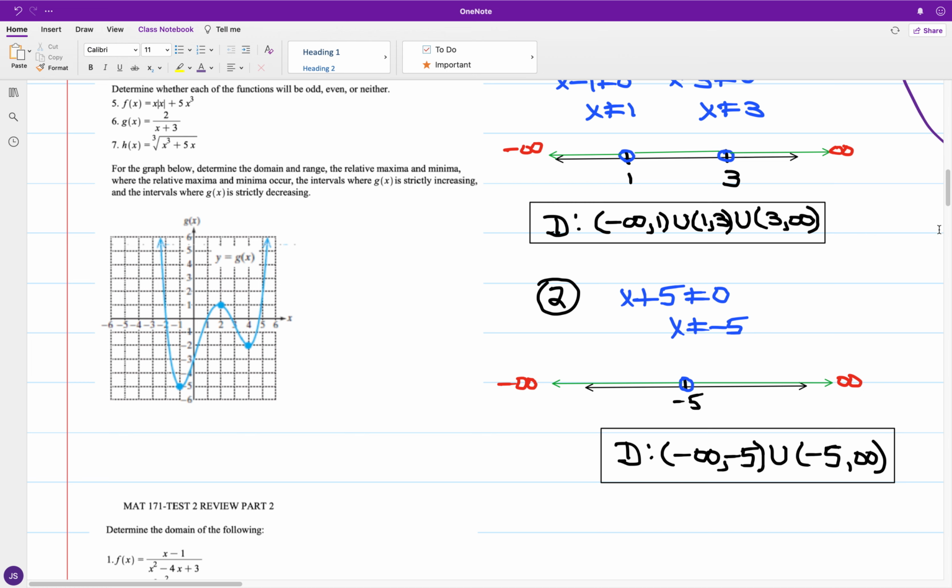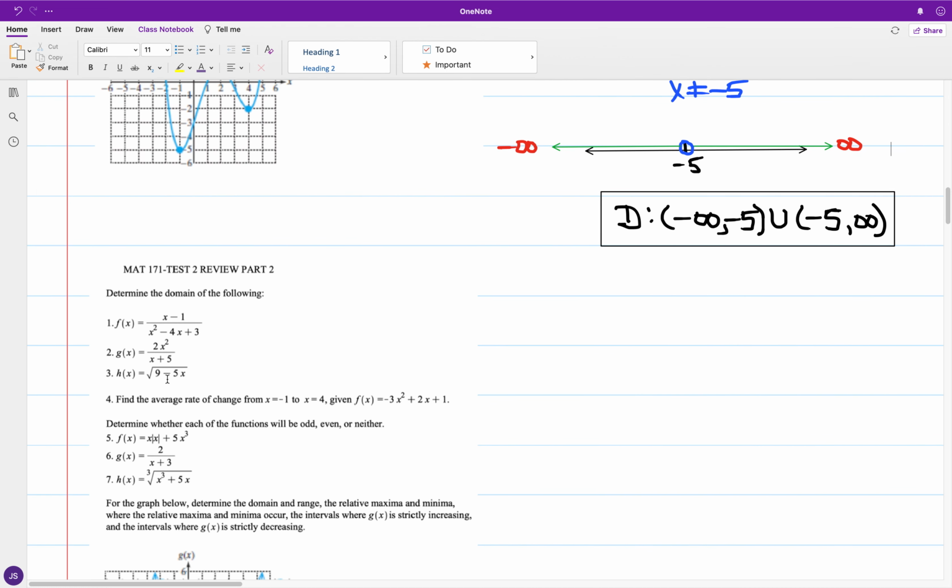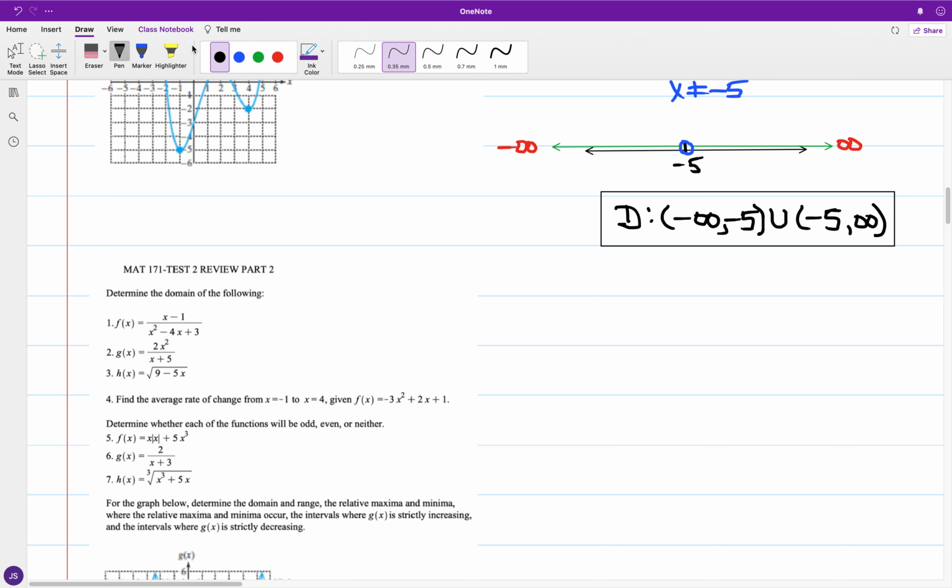And in the case of the third item, now we have h of x is equal to the square root of 9 minus 5x. For this one, I have the radical given in direct terms. There's no fraction. So 9 minus 5x can be 0.